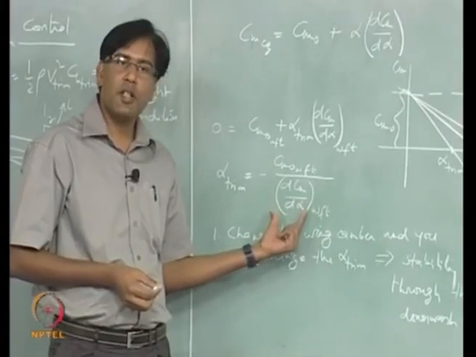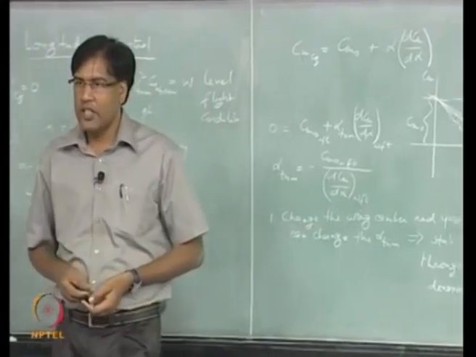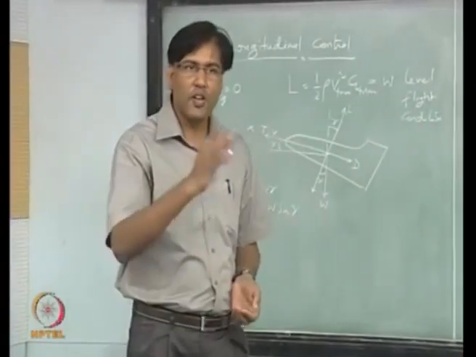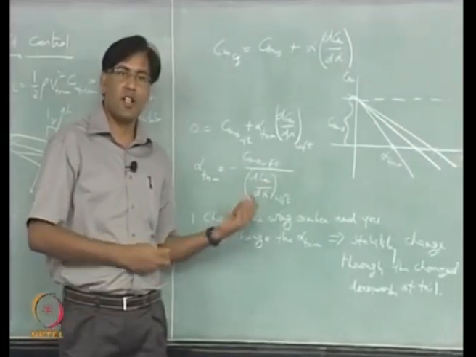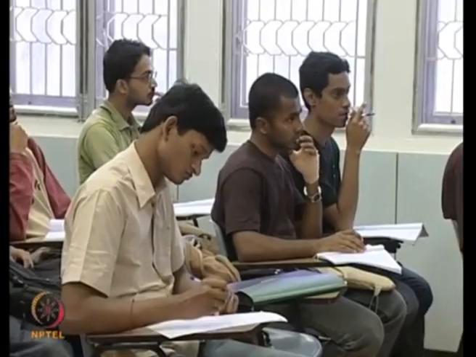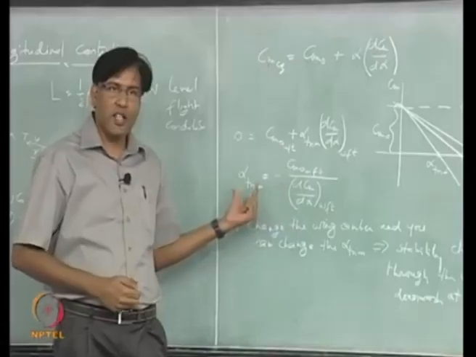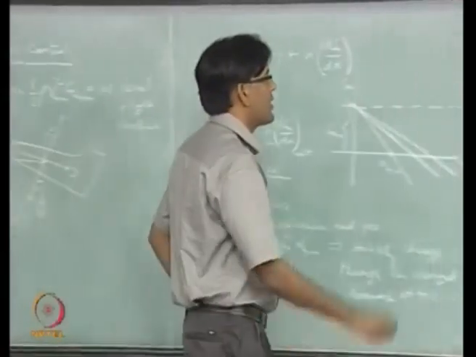This term will depend upon the CG location, right. Neutral point location is fixed, CG location is something you can change. So, you can change the static margin of the airplane, and when you change this you are going to change the alpha trim, right. So, that is one possibility.